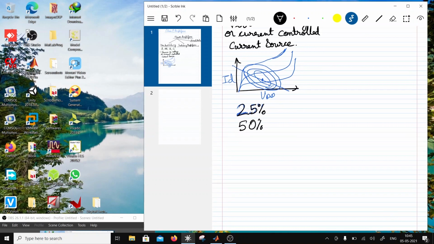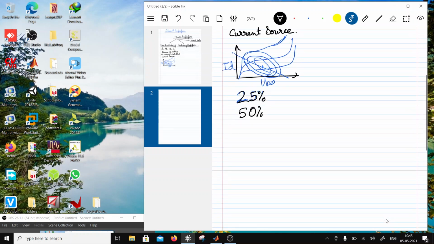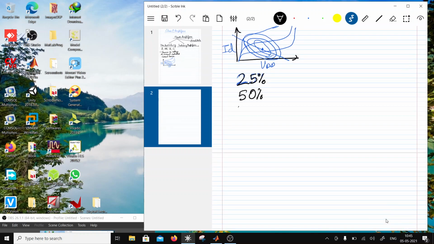And if you look at how much maximum power you can deliver for a given stress level, so let's say P max divided by P stress.